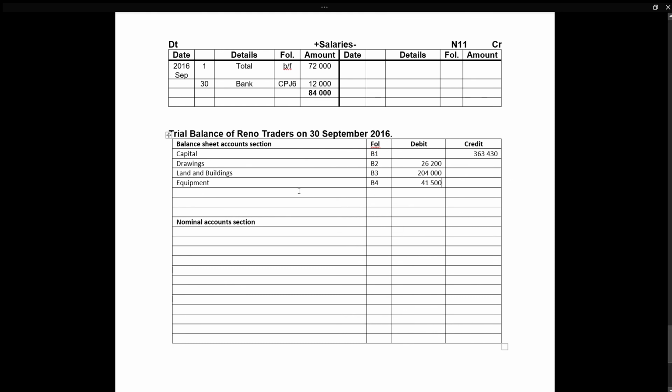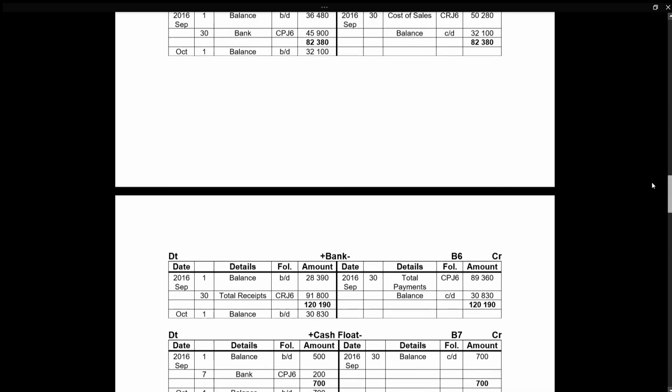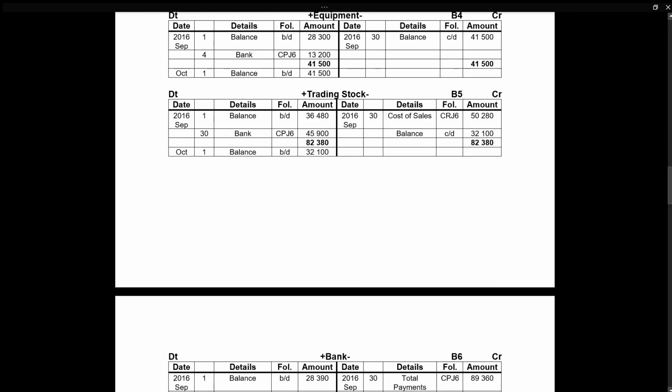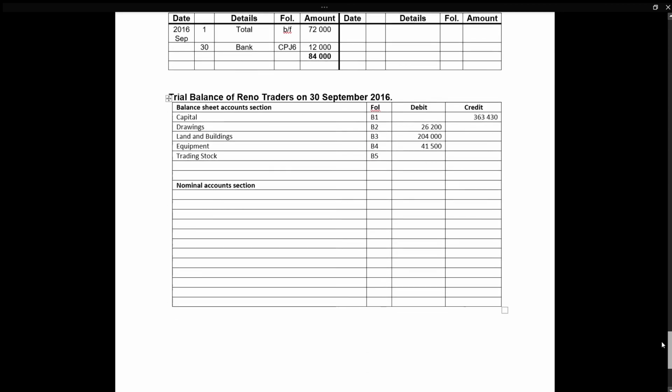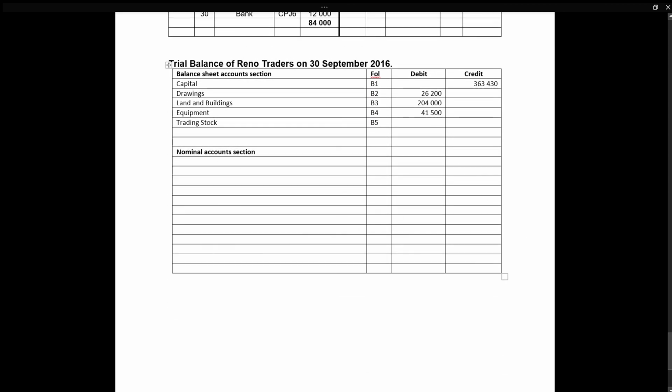41,500 Rand. Next one was bank. Now, sorry, trading stock. I'm a bit fast. Trading stock, right, so trading stock was B5. Let's go and find B5. Trading stock debit balance of 32,100 Rand. 32,100 Rand. Next one, now we at bank.